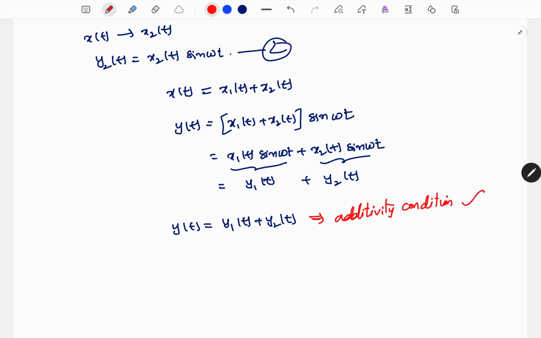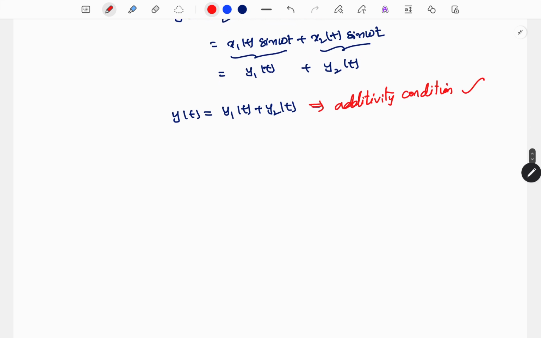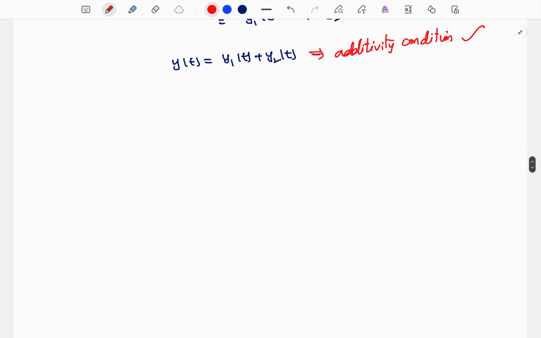Now we will check for homogeneity. For x of t, the output is y of t, which is x of t into sin omega t.